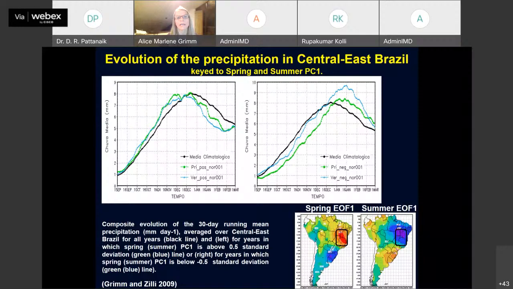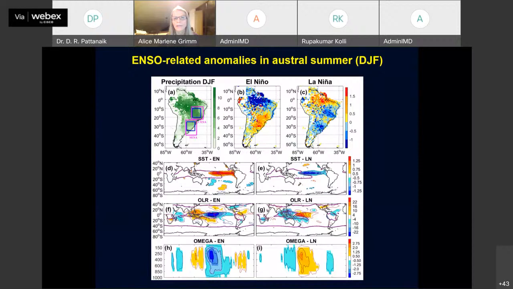Well, this can also be seen here in the evolution of precipitation in central East Brazil compared with climatological precipitation evolution. Here we have then for December, January, and February, the precipitation anomalies during El Niño.